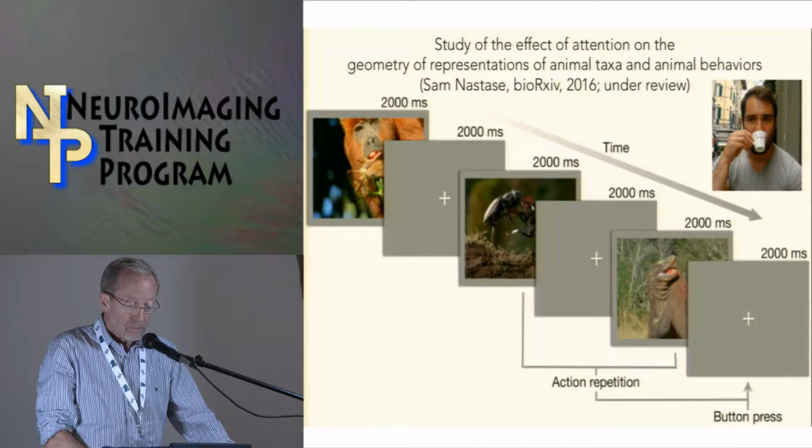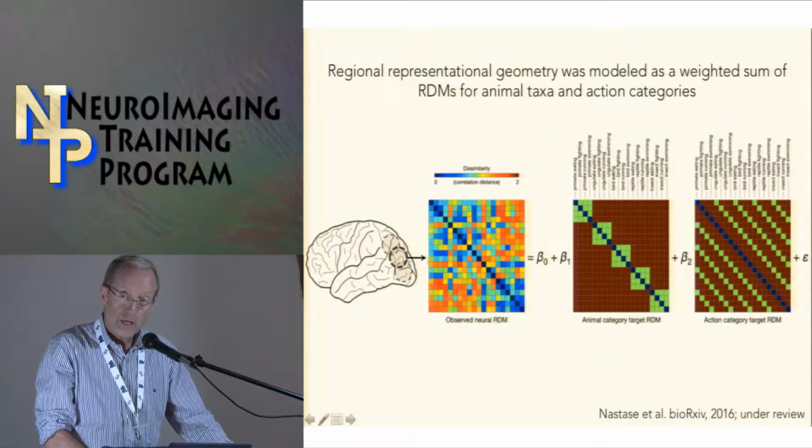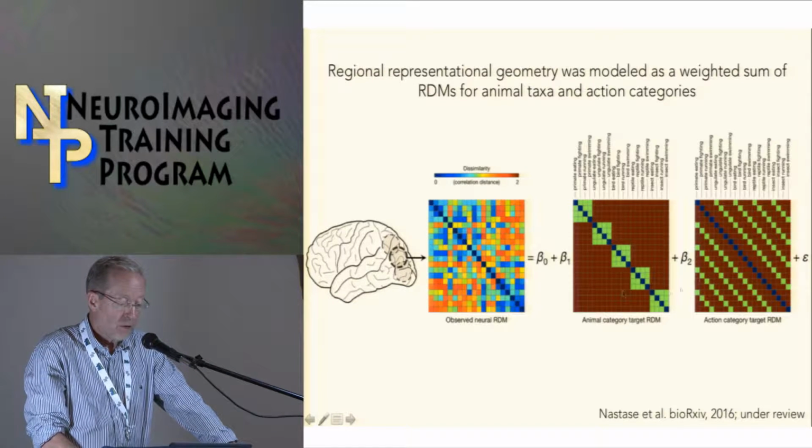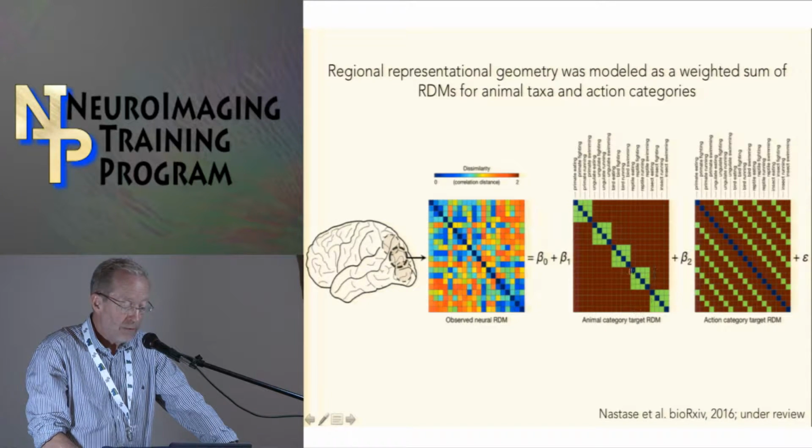And then he analyzed this using representational similarity analysis. And he broke this down into 2 target or model similarity structures. In one, it's saying, are the responses to the same taxonomic category more similar than responses to different taxonomic categories?